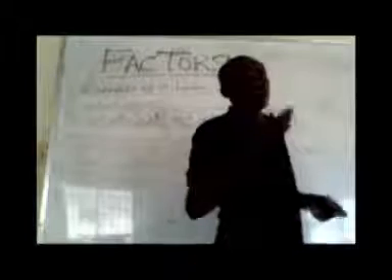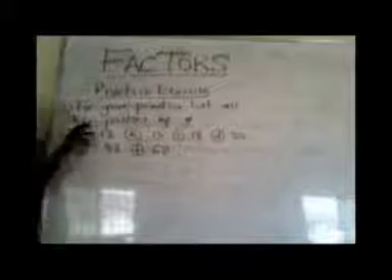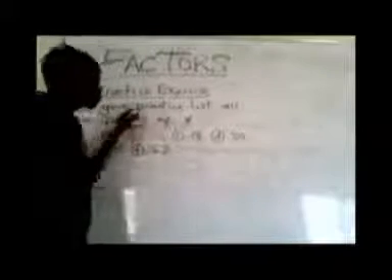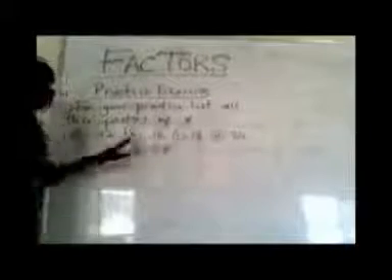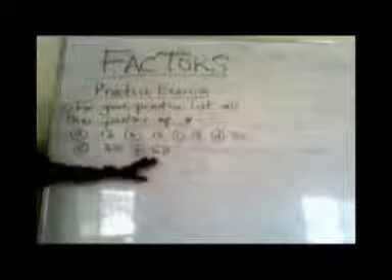Once you know your multiplication table, you have no issues with factors. The rest is easy as ABC. Now, for your practice, list all the factors of 12, 10, 18, 30, 48, and 63.